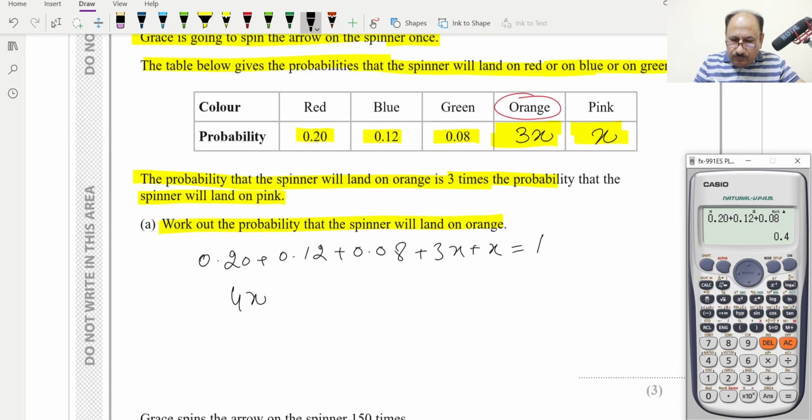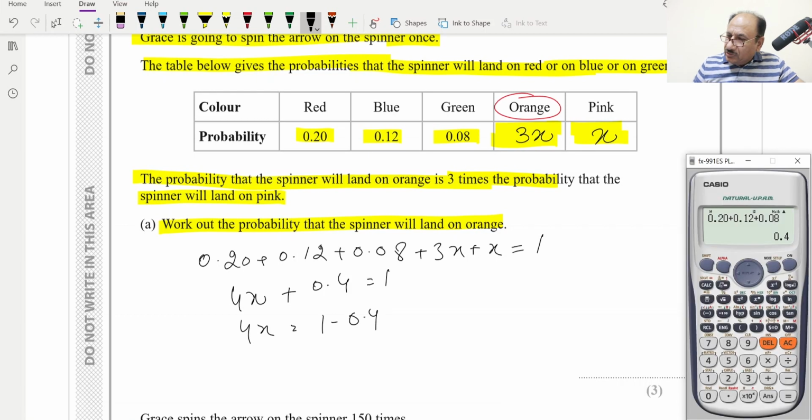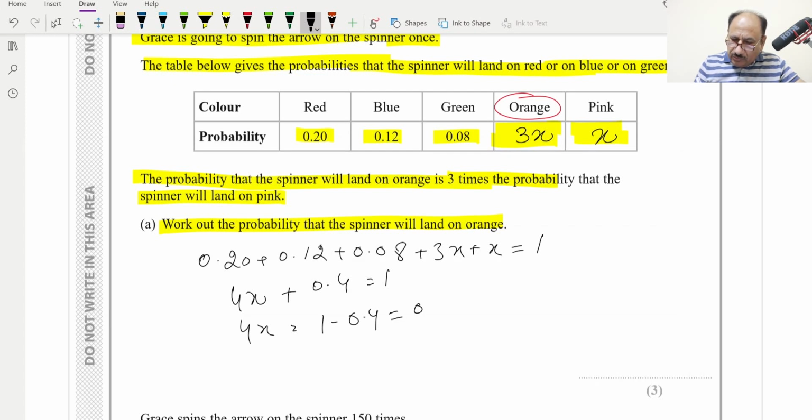So plus 0.4 is equal to 1. So 4x is equal to 1 minus 0.4. So 1 minus 0.4 is equal to 0.6.